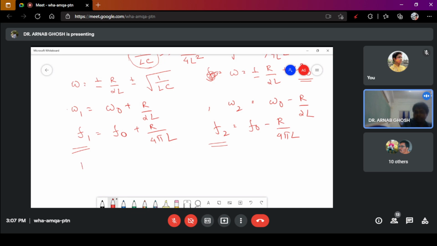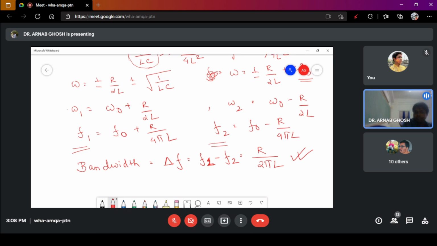Now next is, what is bandwidth? Bandwidth is nothing but delta F, that is F1 minus F2. So if you do F1 minus F2, you will get R by 2 pi L. This is the formula for bandwidth.